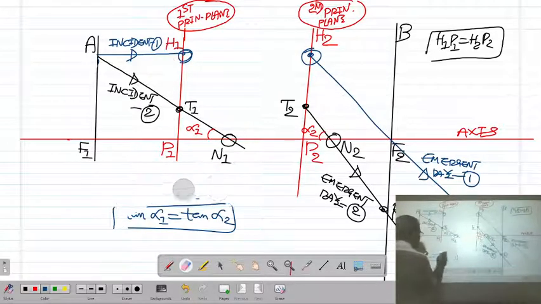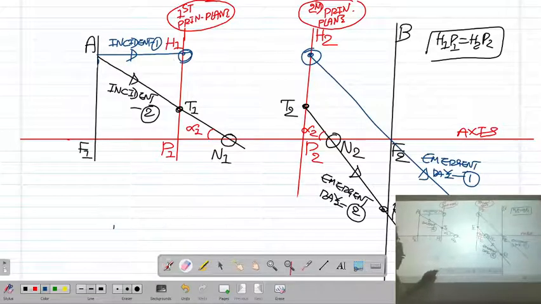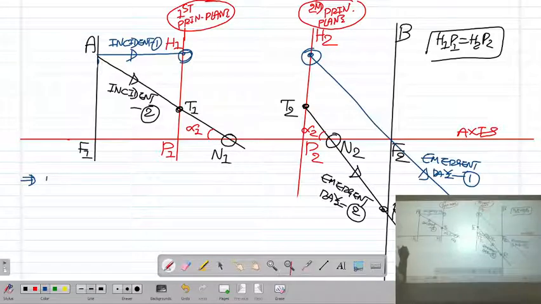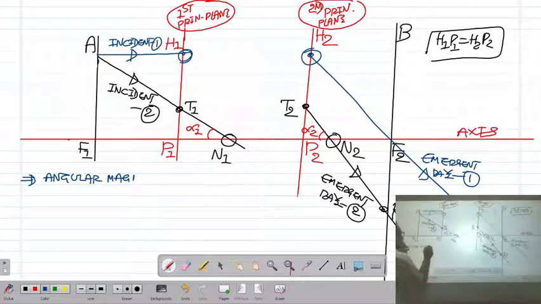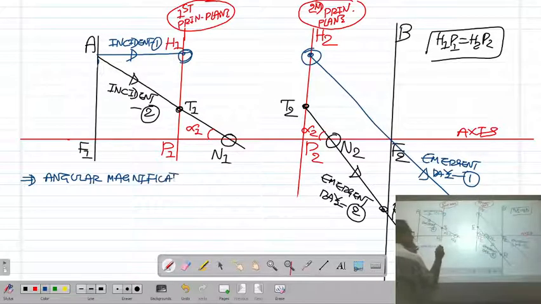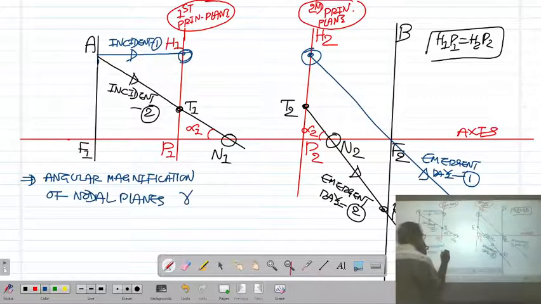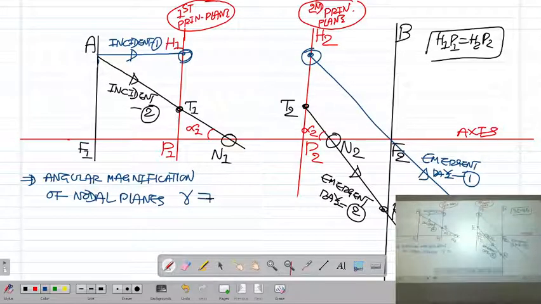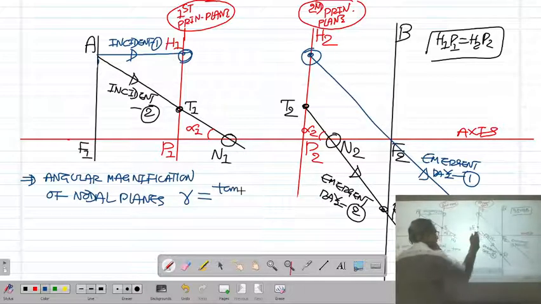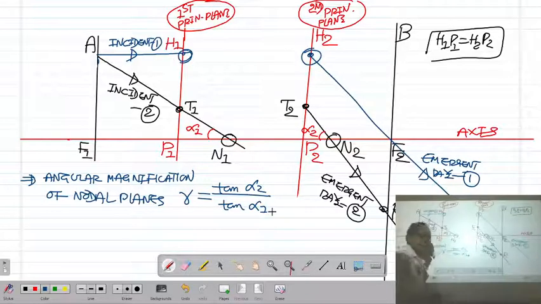The angular magnification of nodal planes, gamma, is defined as tan alpha 2 upon tan alpha 1. Okay, this is the definition.